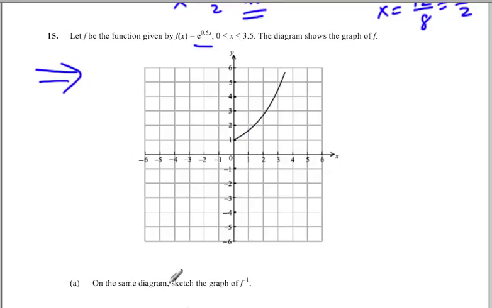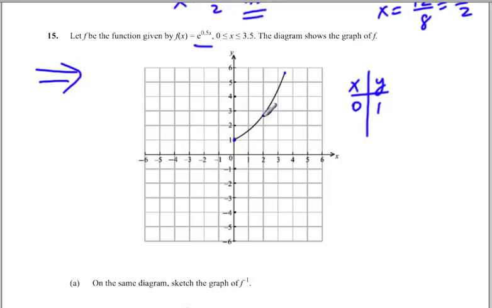It says, on the same diagram, sketch the graph of f inverse of x. We can do that because all we need to do is get a list of x, y points. All you really need is just a few points. Let's get this point right here, and the end point right there. This point is 0, 1.